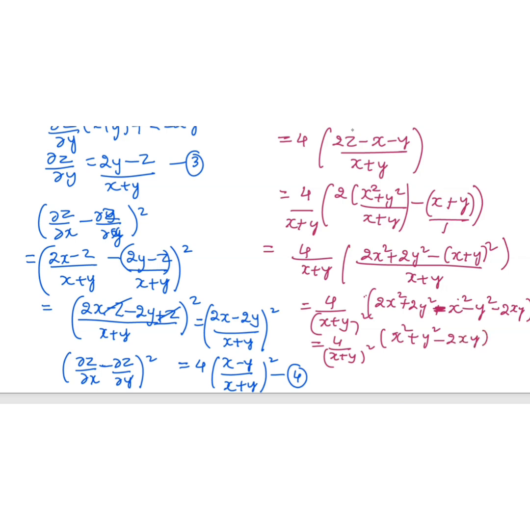That is nothing but a formula. It is 4 divided by x plus y whole square into x minus y whole square. So we can write it as 4 into x minus y divided by x plus y whole square. Call it equation 5, and we can see 4 and 5 are same, therefore LHS is equal to RHS, hence it is proved.